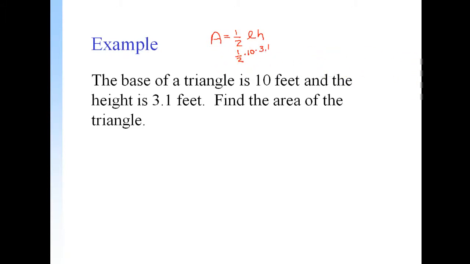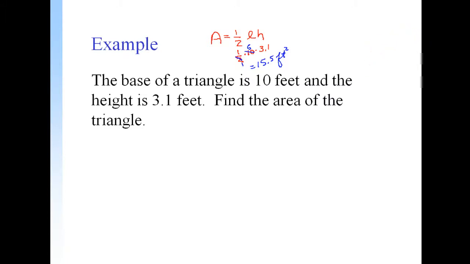Now notice what can happen here. We can cancel the 2, it goes into there once, 2 goes into 10 5 times. So we've made it a little simpler, just 5 times 3.1 equals 15.5 feet squared.